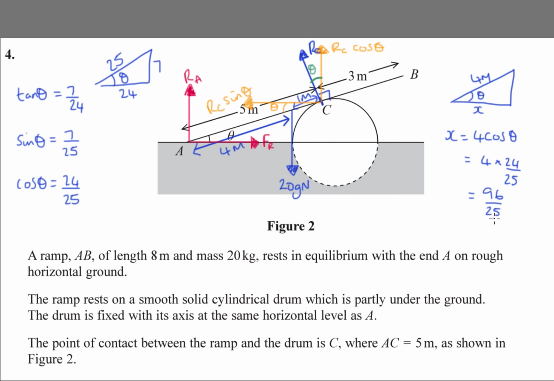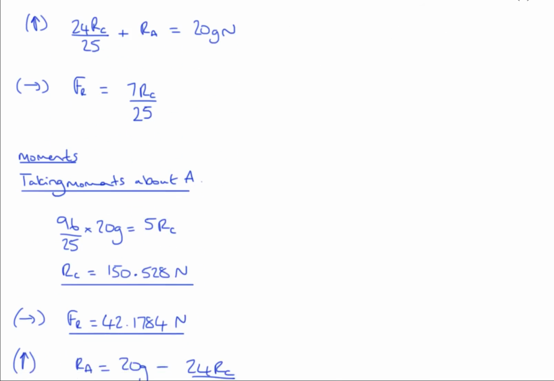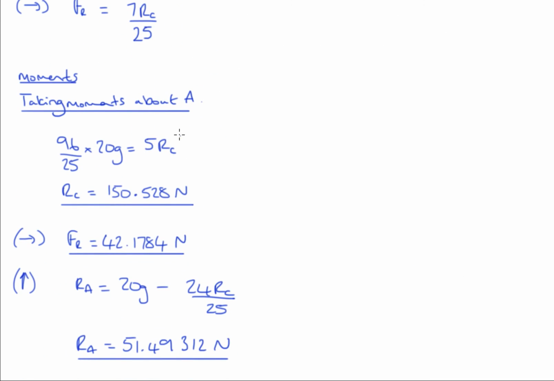So this moment would be less. If that moment is less, but it's still in equilibrium, that means the anti-clockwise moment will be less. But the only thing that we can change about the anti-clockwise moment, because that length is fixed, is the reaction at C. So if this side is smaller, then this side needs to be smaller too, which means RC will be less. The reaction at C will be less than it was before.